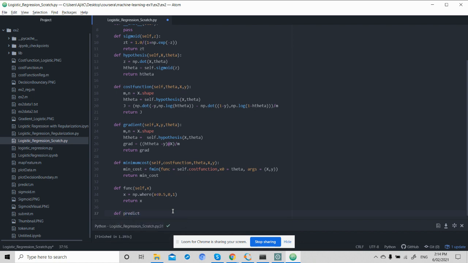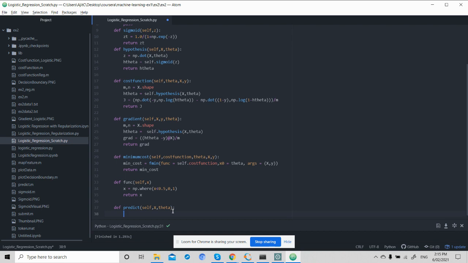So my predict would be self comma x comma theta. First I need to get my hypothesis. This would be similar to this.